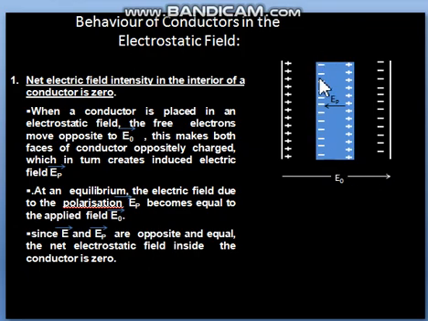Because this conductor is electrically neutral, if negative charges are on one face, an equal amount of positive charges will get accumulated on the opposite face, that means the right face.